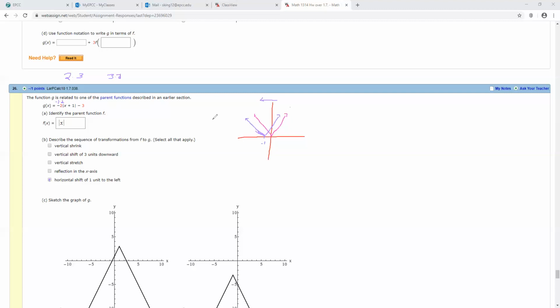It's the dilation. And is it inside the function next to the x, which would mean a horizontal dilation, which means shrink it closer to the y-axis or stretch it away from the y-axis? Or is it outside the function, the multiplied 2, which would be a vertical dilation?